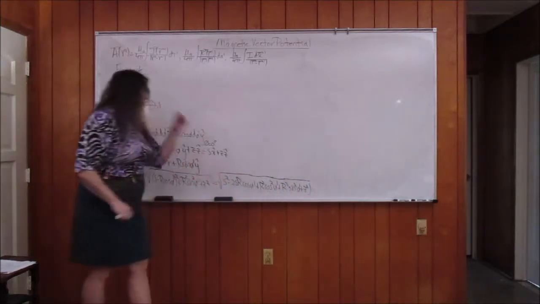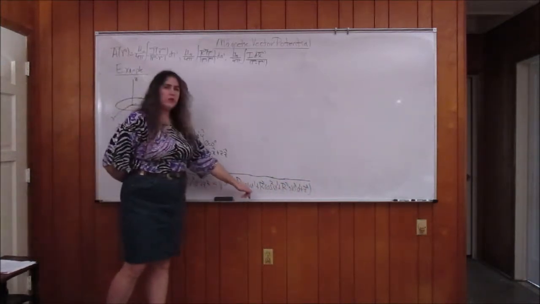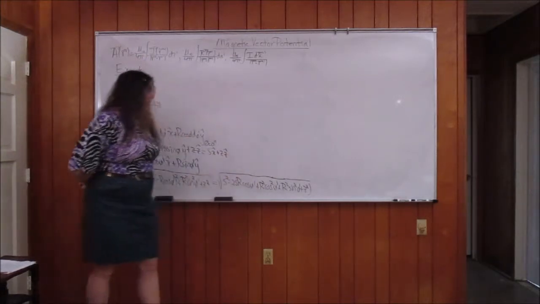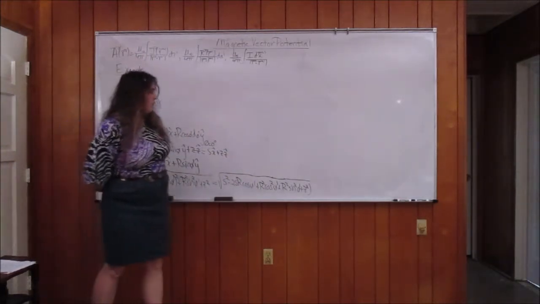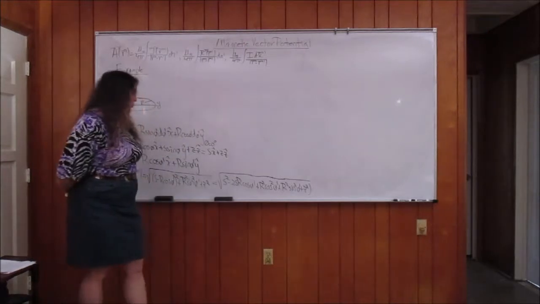That's equal to the square root of s squared minus 2sR cosine phi prime plus R squared cosine squared phi prime plus R squared sine squared phi prime plus z squared.